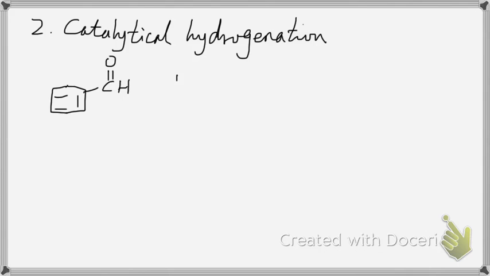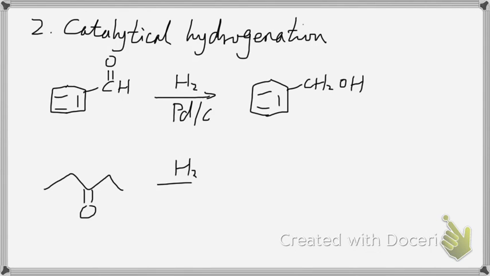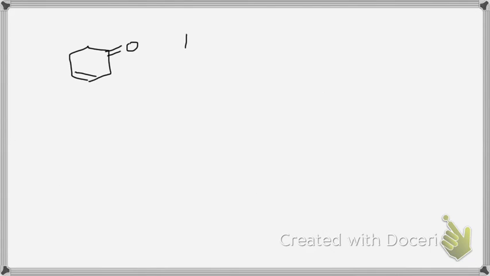The second reduction reaction is catalytic hydrogenation, and it gives the same results as the hydride reducing agent. Aldehydes go to primary alcohols, ketones to secondary alcohols. Very straightforward.